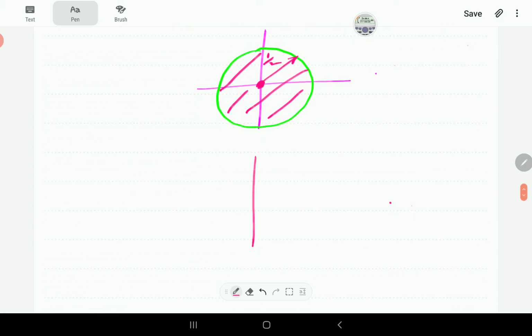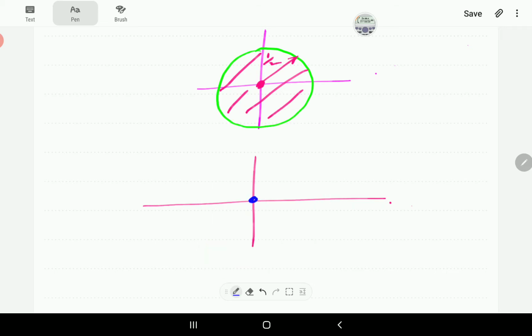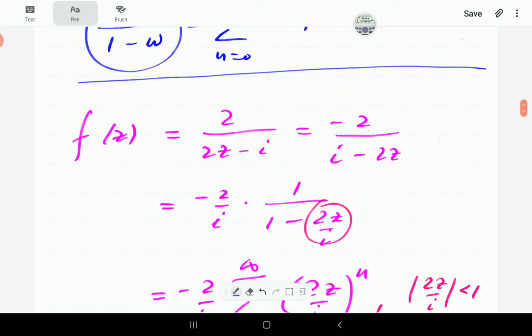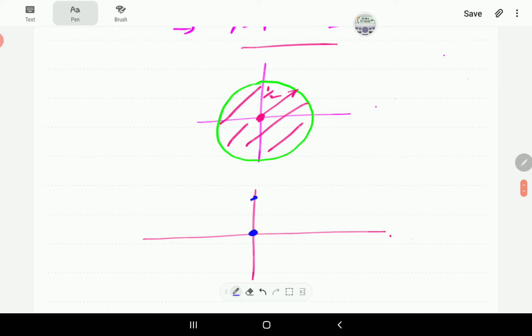Now, geometrical considerations. The series is centered at the origin, so that's the center. Then the closest singularity of this function happens when the denominator is 0. The denominator is 0 at z equals i/2. So that means we've got i/2 there.